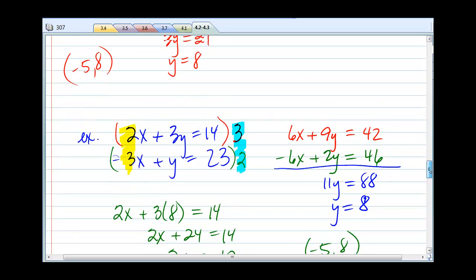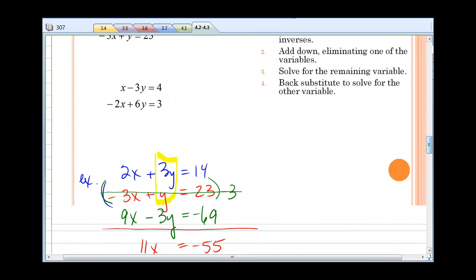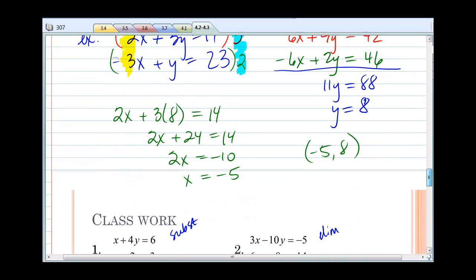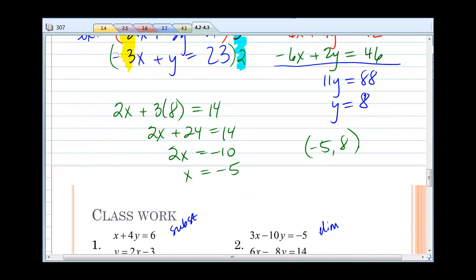Now, let's practice another one of these examples. Let's practice the second example. x minus 3y equals 4 and negative 2x plus 6y equals 3. So let's find us a piece of blank spot here. I think we can add something in here.